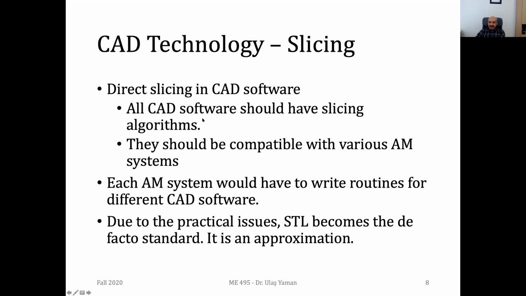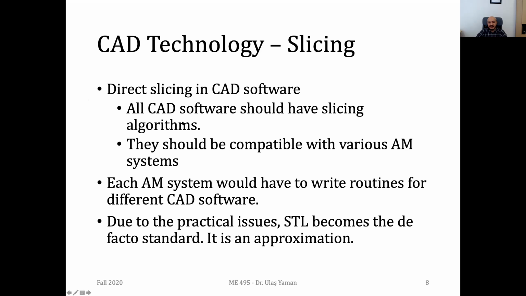But the problem is that since we have many CAD software, they use different data structures for their designs, and their slicing approaches are totally different. So they need to develop a specific slicing algorithm for themselves.